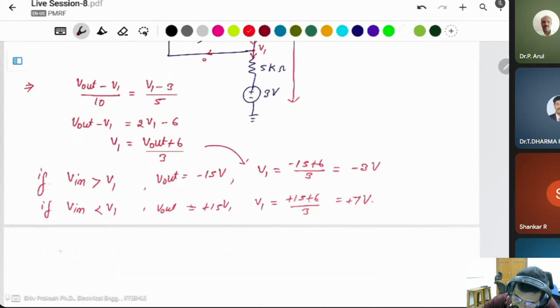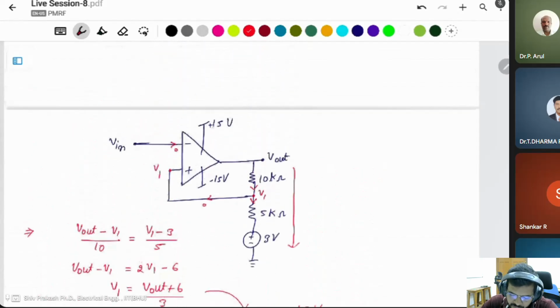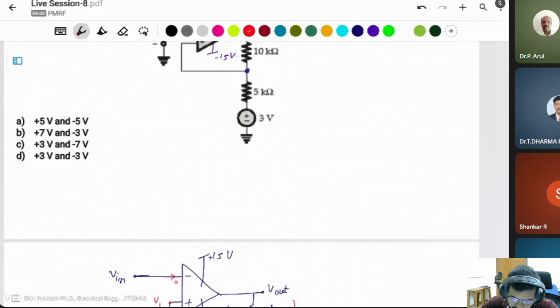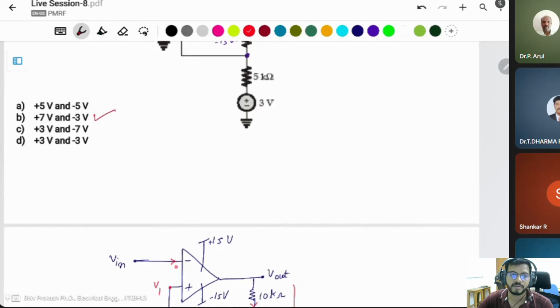And the thresholds are 7 volt and minus 3 volt. Okay, then this is the answer.